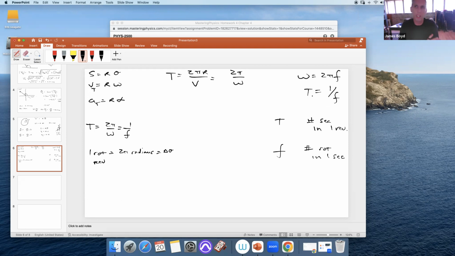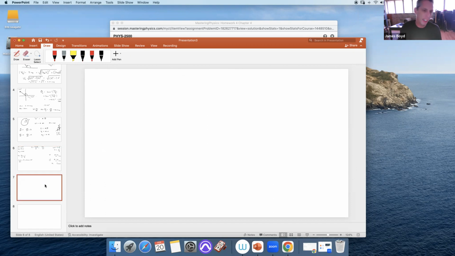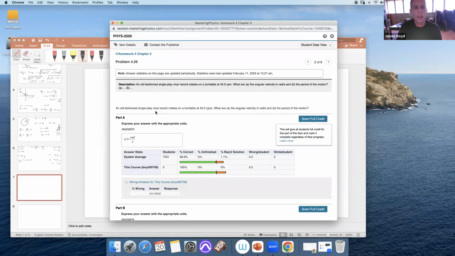If you're given a frequency in hertz, which is 1 over seconds, it's the inverse of the period, and it's related to omega. So in these problems, you usually are either trying to find omega or you're given omega, and then you can find the period and whatnot. It's not hard, it's just how you relate these variables.